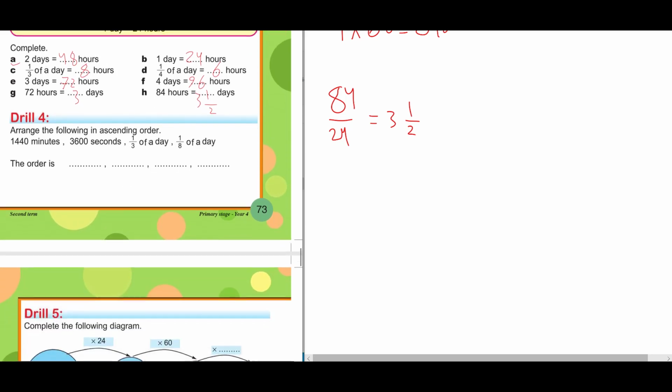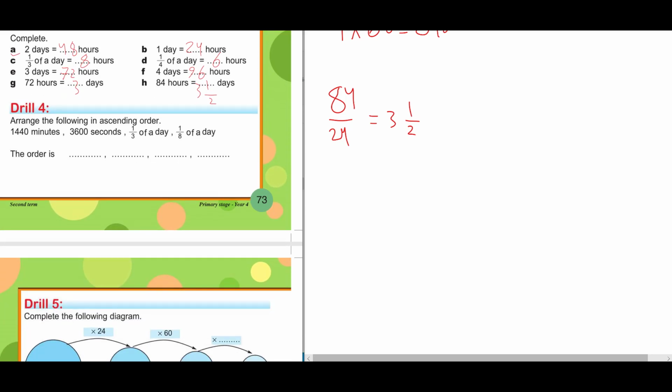Drill 4, arrange the following in ascending order. You have to have the same units. We have here minutes, seconds, day. You have to convert all units to 1 unit to arrange.